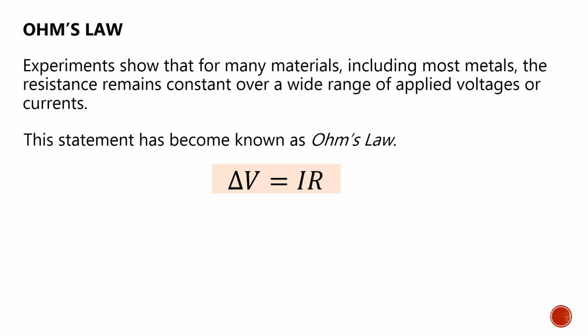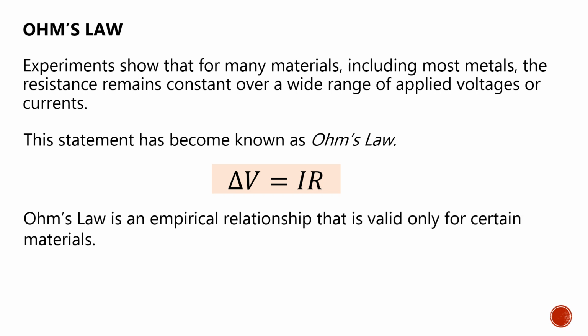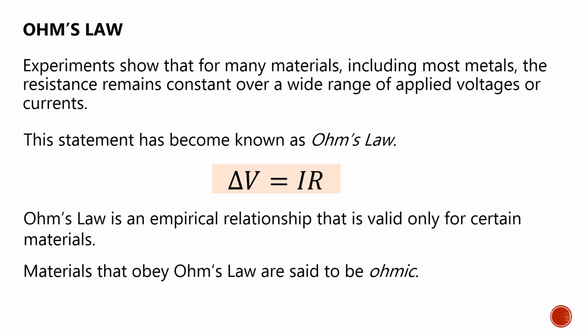So R is the ratio of the voltage, or the potential difference, to the electric current. And this relationship is only valid for what we call ohmic materials.